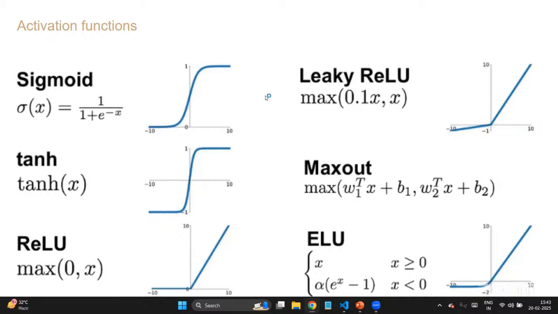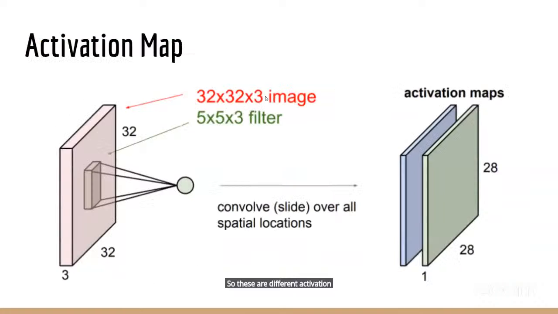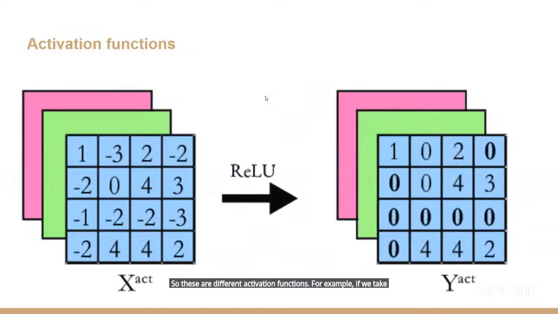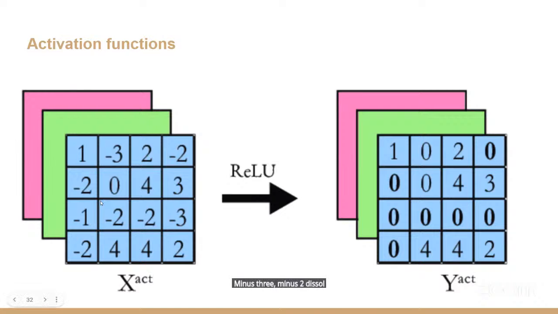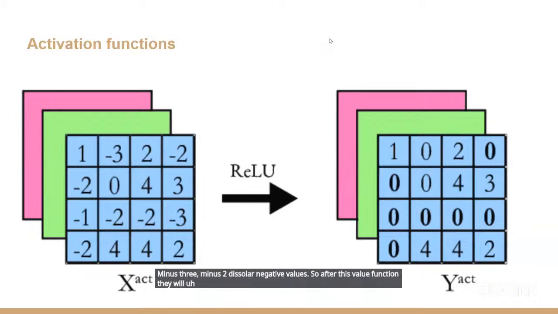So these are different activation functions. For example, if we take this ReLU function, where values are negative, we will put them to 0. -3, -2, these all are negative values. So after this ReLU function, they will go to 0. So like that it will happen.